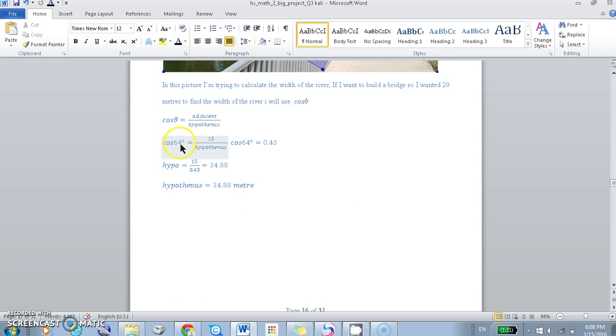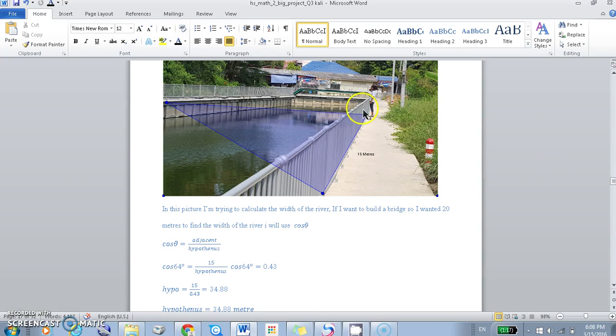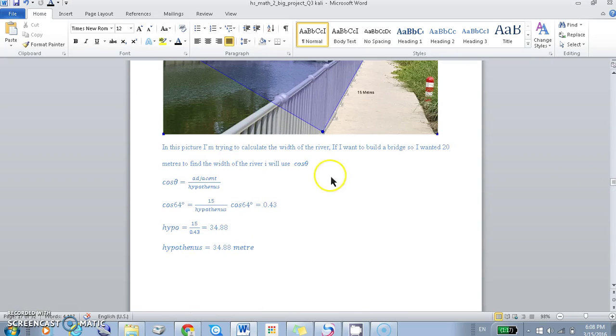So cos of 64, which is the angle of me looking over there, is 0.43, and then we divide by the meters that I walked from my starting point to the end point, and then we can see that the hypotenuse is 34.88. So if I wanted to build a bridge, it'll be 34.88 meters.